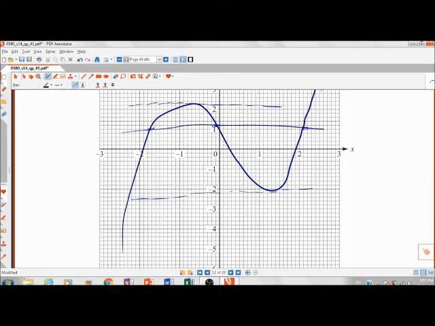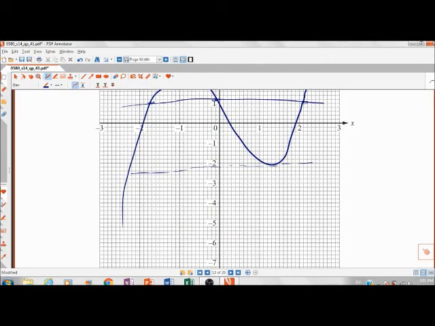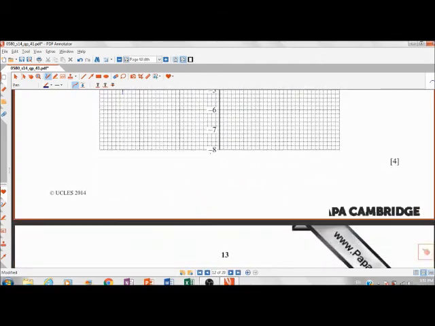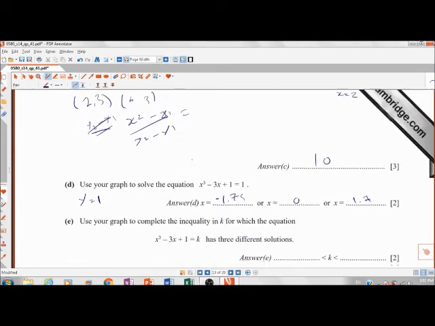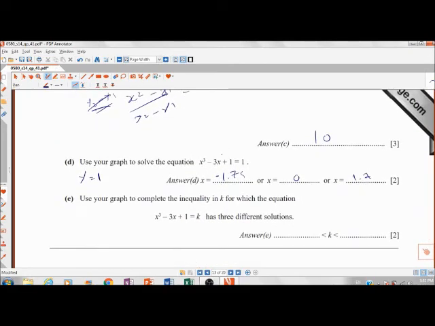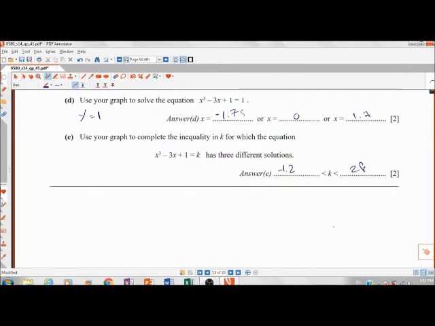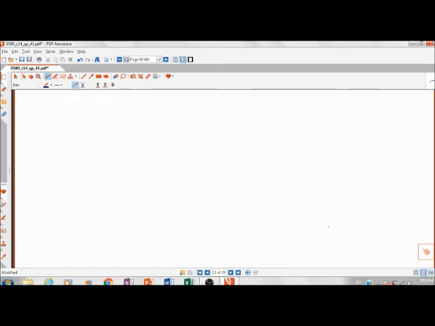So from negative 2 something until 2 point something. That's the range for you, in order for you to get three different solutions. Alright, should be from negative 1.2 to 2.8, something like that. Alright.